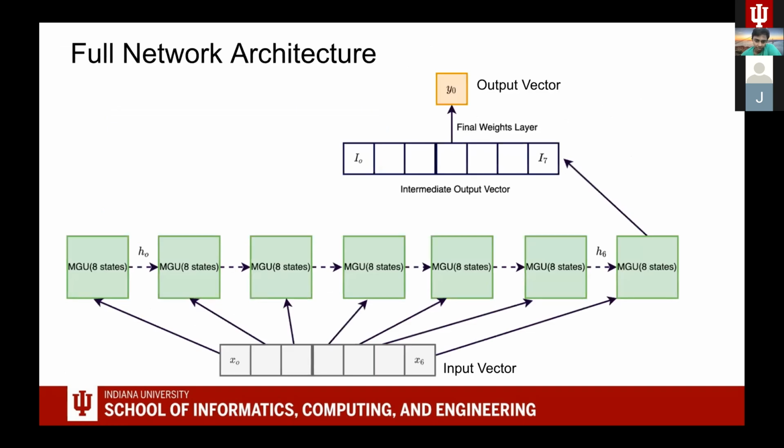This is what I thought: we can get an input vector with 7 time stamps, feed that into a minimal gated unit like this, and do a classification problem through this minimal gated unit implementation.